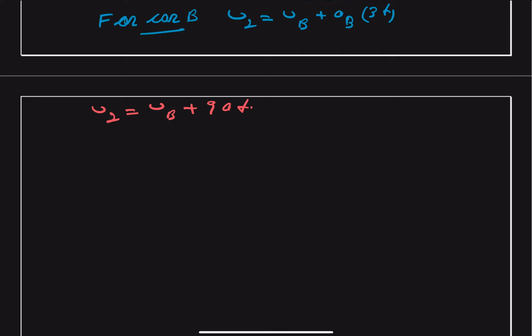Time taken is 3T, whereas the distance traveled by car A is 3L and by car B is 2L. So for the acceleration, we say that different distance is traveled in the same time.